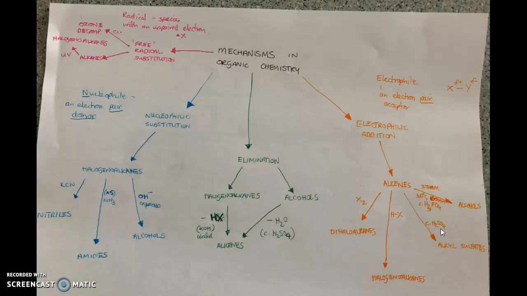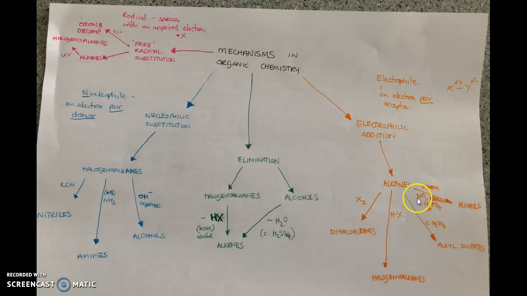This is a very important mechanism. It has been asked quite frequently in AQA exams over the past few years. Remember that hydrogen is bonded to oxygen in sulfuric acid. It is not bonded to sulfur. And finally, we can make alcohols by direct hydration.